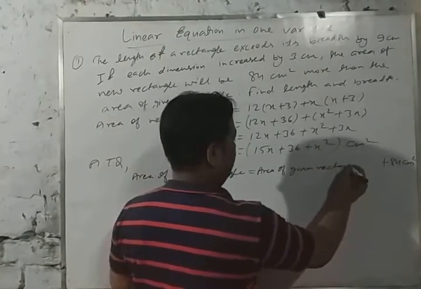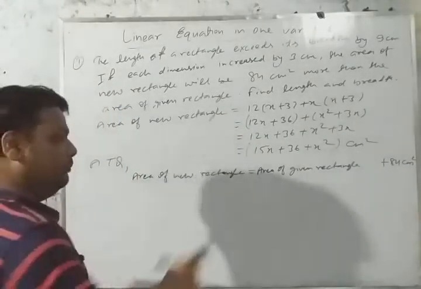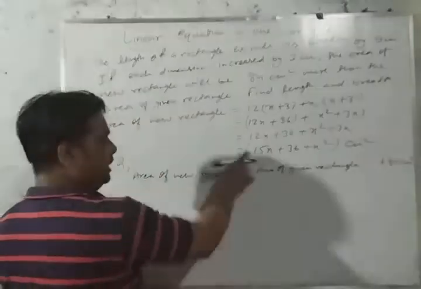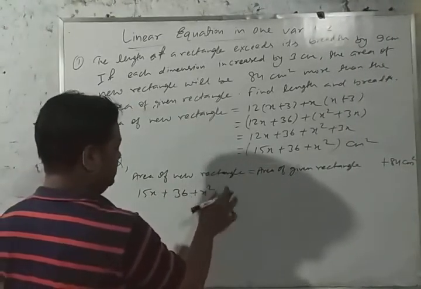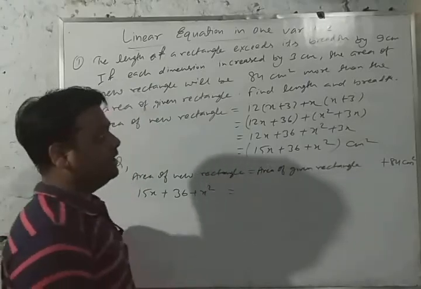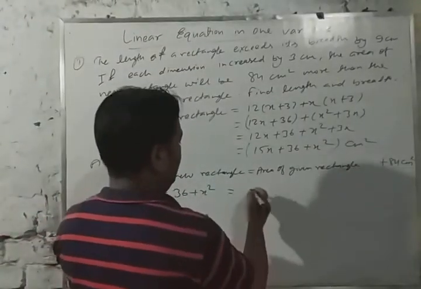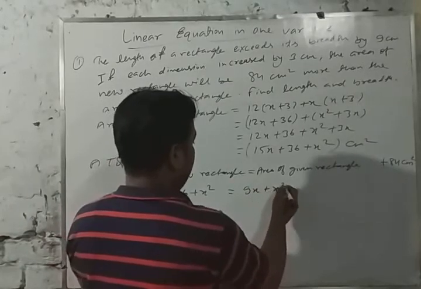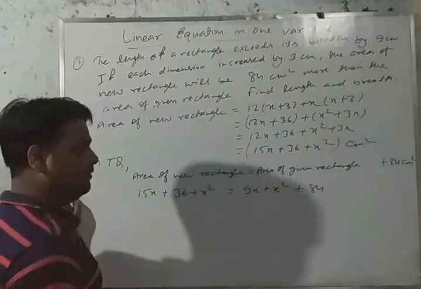Then what will be its value? Put the values. Area of new rectangle is 15x plus 36 plus x square, and area of given rectangle, what we have found, is 9x plus x square, plus 84. This is the value of the area of the given rectangle.